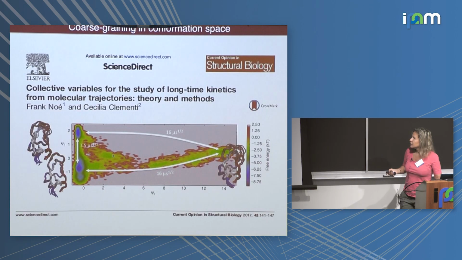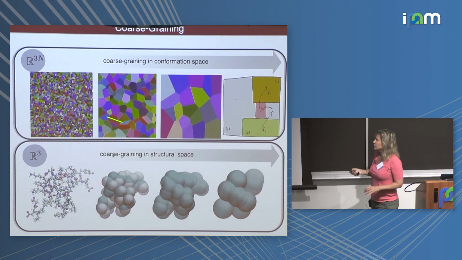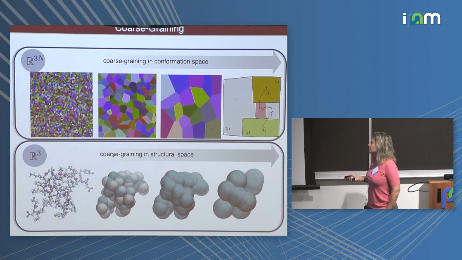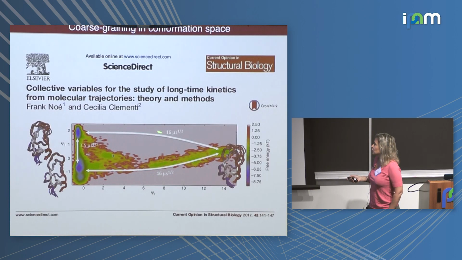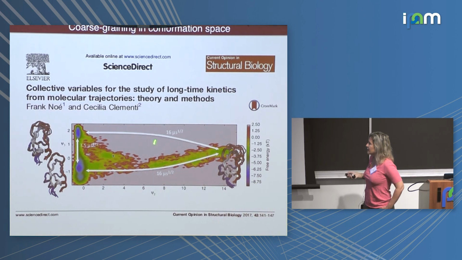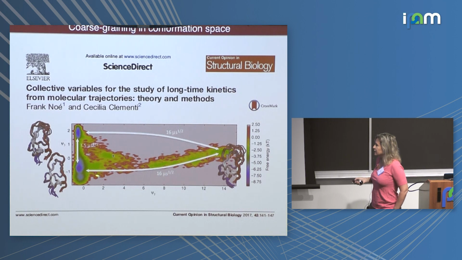About the first coarse graining, the coarse graining in time, we have worked on that for a number of years, and I don't want to talk about it today, but if you're interested, we wrote a review a couple of years ago with Frank about the state of the art of theory and methods and open problems in this kind of coarse graining, that is, finding the representation.